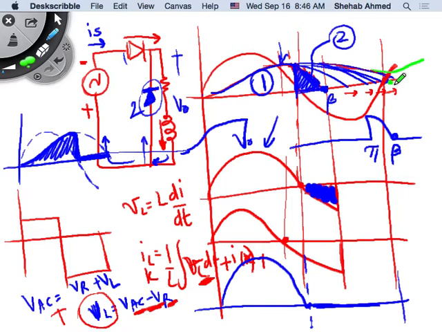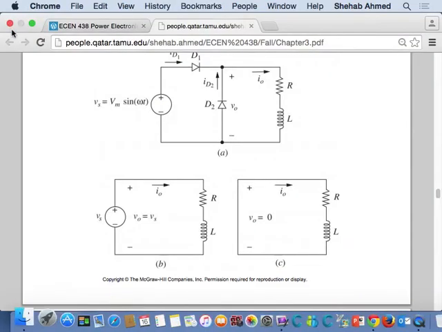There's always current flowing in my circuit continuously. So that's continuous conduction mode. If current touches zero, then I have a discontinuous conduction mode. It's just terminology that we use. It'll be more interesting later when we talk about switch mode power supplies, like DC to DC converters. Here it's something to understand.